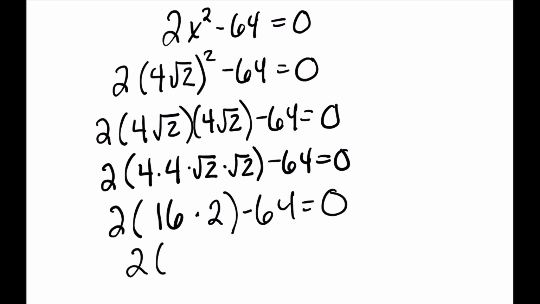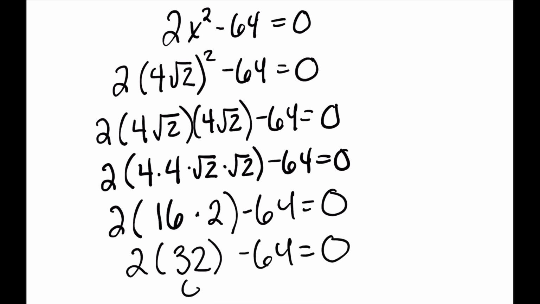And here we have it. 2 times 32 minus 64 equals 0. And 2 times 32 is 64. 64 minus 64 is equal to 0. So this will be true if they were both positive, or even if they were both negative numbers. We would still end up with the same answer at the end.